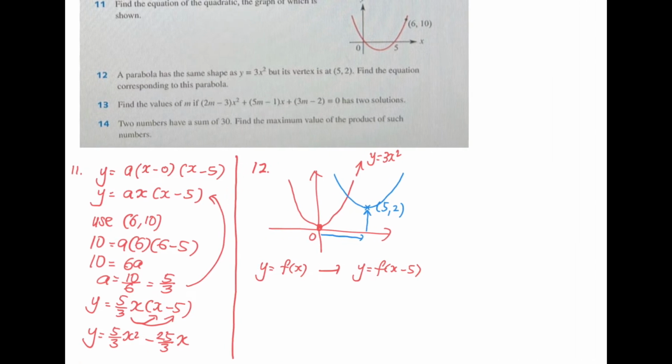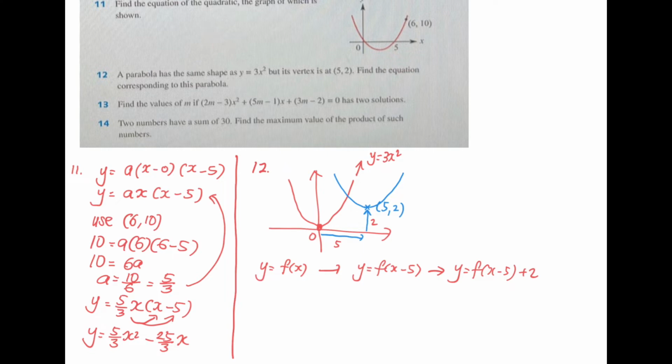That will make the graph go to the right. And to make the graph go up by 2 units, we have to plus 2.